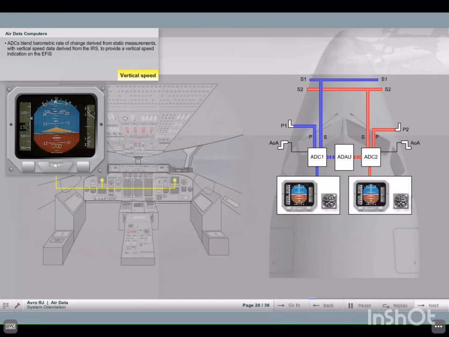Vertical speed. The ADCs blend barometric rate of change derived from static measurements with vertical speed data derived from the IRS to provide an indication of vertical speed on the EFIS. Should the IRS data become invalid, the ADCs are able to provide a degraded vertical speed indication. When this occurs, the vertical speed numerical readout turns from green to white.